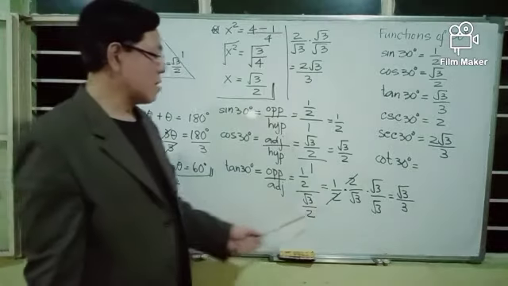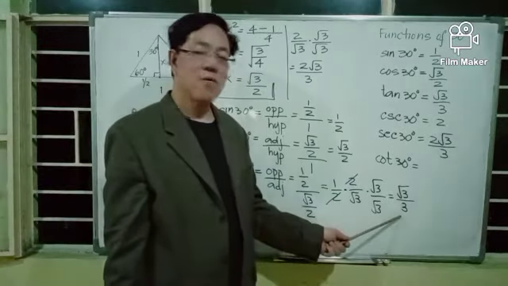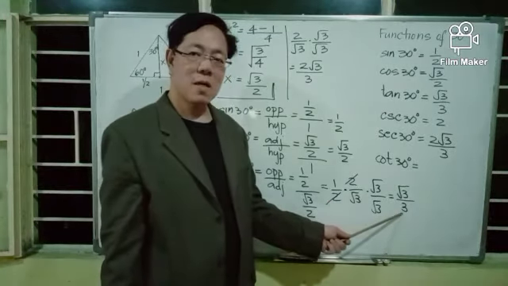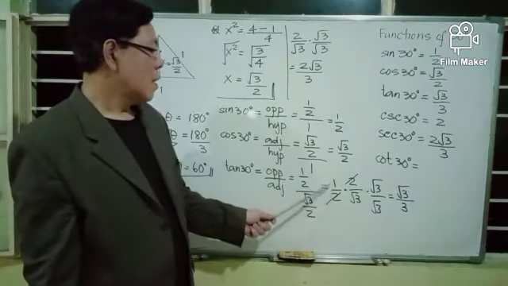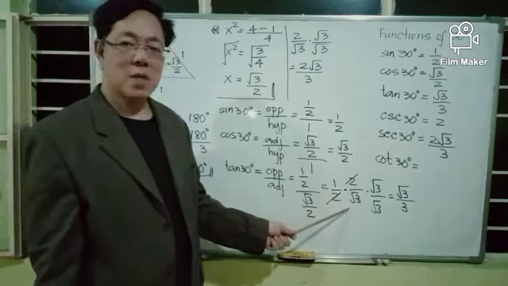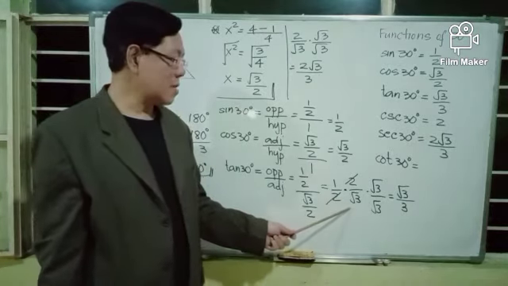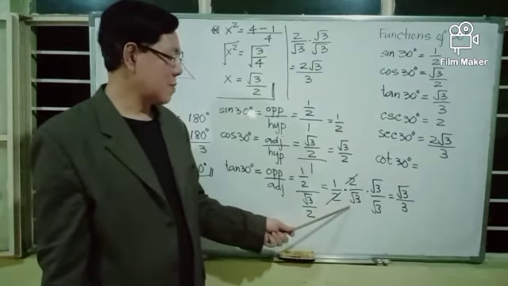Tangent of 30 degrees equals square root of 3 over 3, and this value came from 1 over square root of 3 when we rationalize the denominator square root of 3.